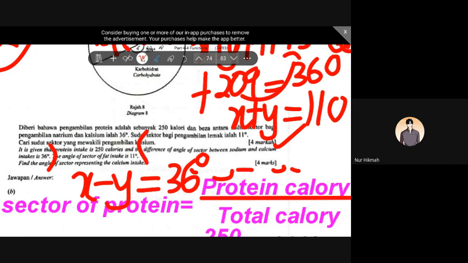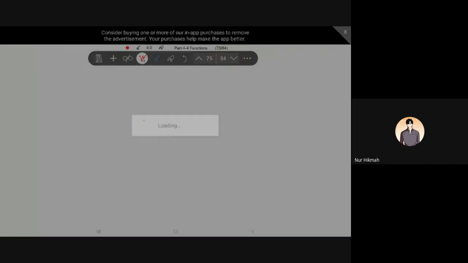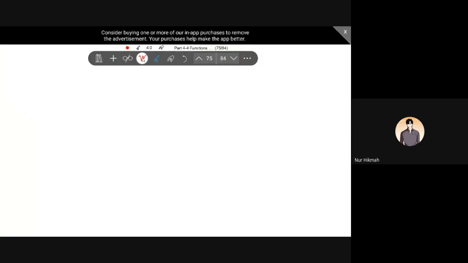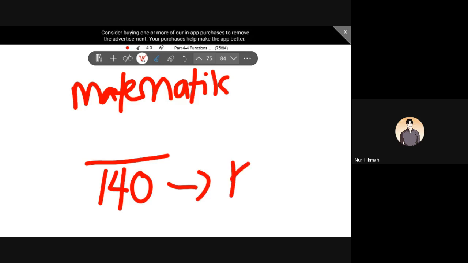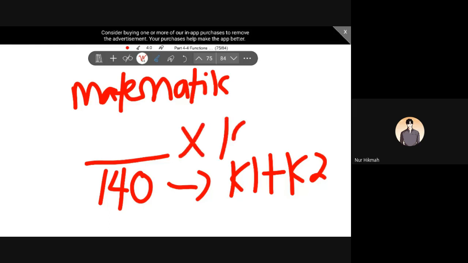Yeah, because kita nak cari angle. Same like when you find your exam marks. Okay, I give you a scenario. If you all don't understand the formula just now, right? Let's say jumlah markah dalam exam mathematics, 140, right? Semua tahu jumlah markah. K1 plus K2, kertas 1 plus kertas 2 total 140, right? And then if you want to count your overall mark, 100%, right? Times 100%.